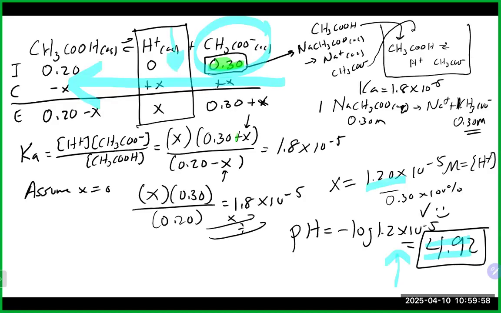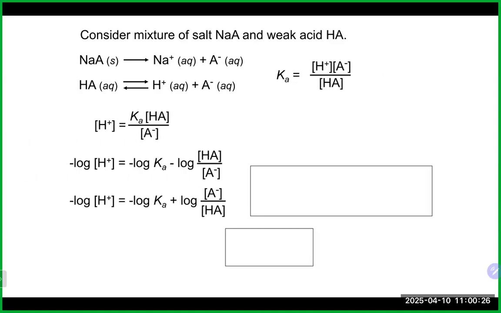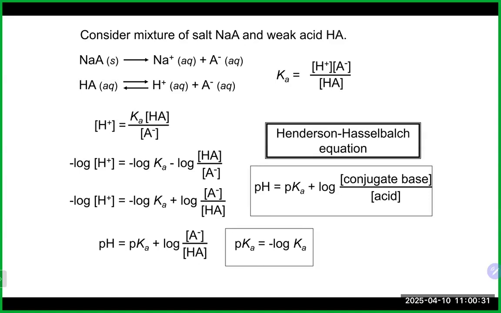So if you take a look at like here, if we took our 0.2 and our 0.3 and added or subtracted our x value, which is what we would do at equilibrium, we essentially would still have 0.3 and 0.2. Concentration didn't change all that much from beginning to end. So in situations like this, you do actually have an alternative to doing an ICE table. And you could use what is referred to and derived there on the screen as the Henderson-Hasselbalch equation.